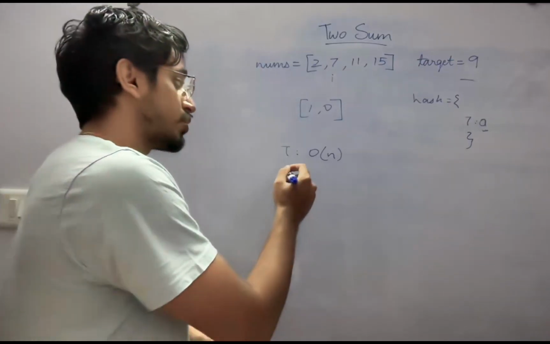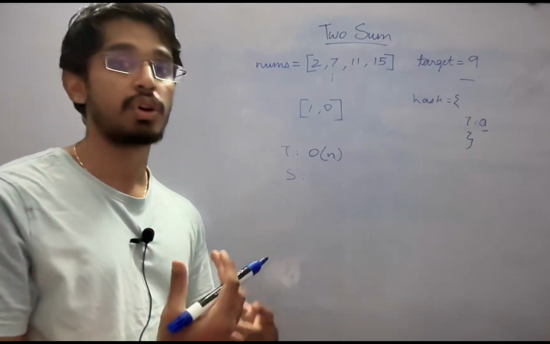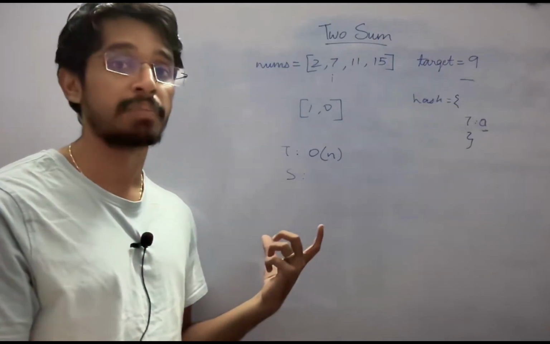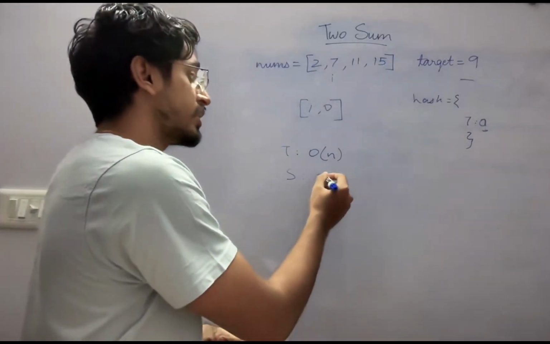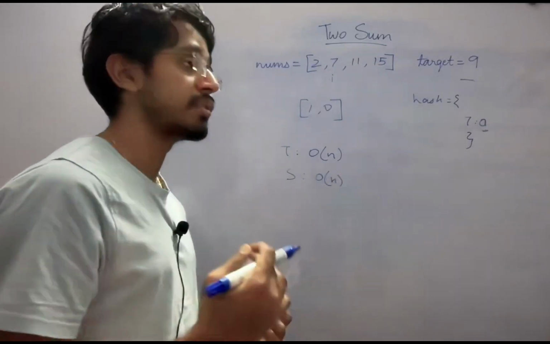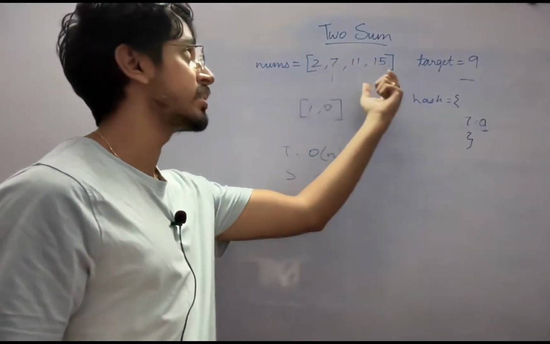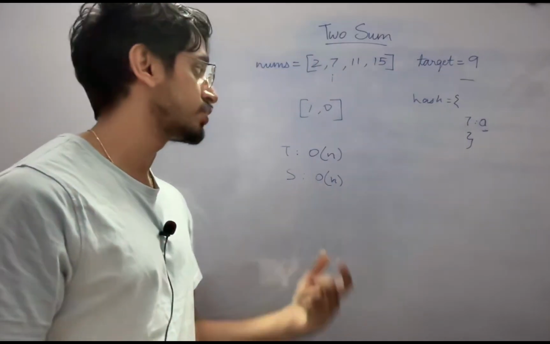And the space complexity, this time it is not O of 1, but we saw in the brute force that we are not storing any additional data structure within our program, but here we are storing a hash. Okay, so the space complexity becomes O of n, because the worst case is we can have a hash filled with all the elements within the array. All right, so that is the worst case when it comes to space complexity.